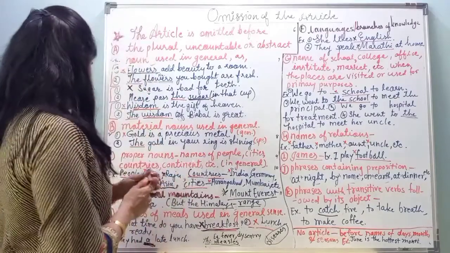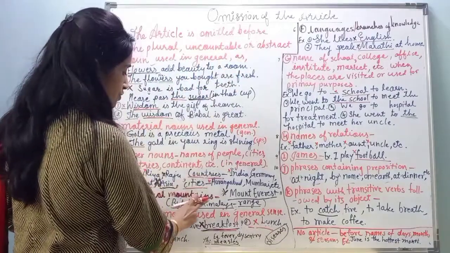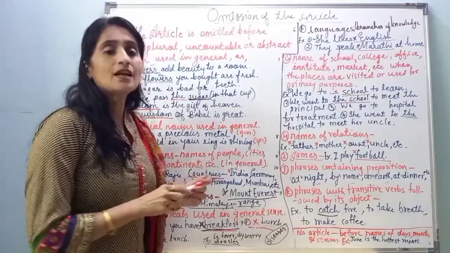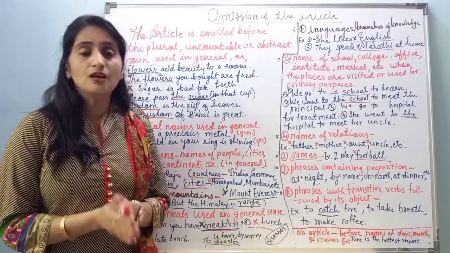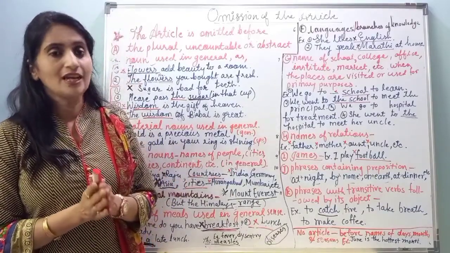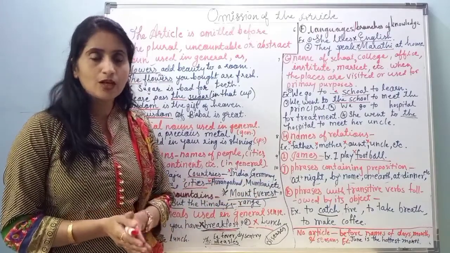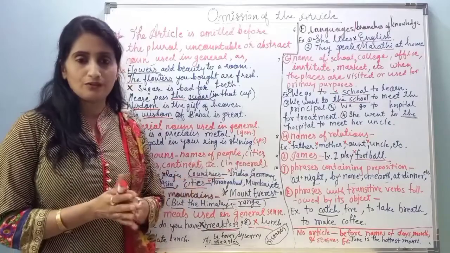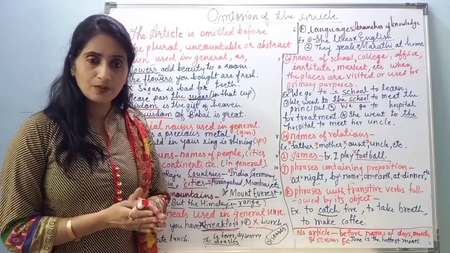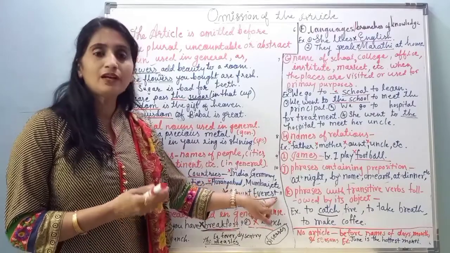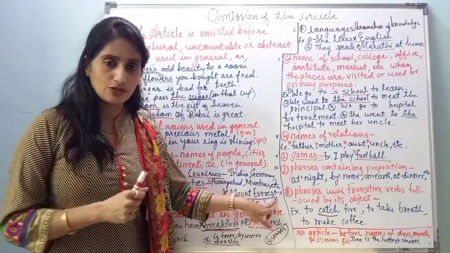Okay. The fourth rule is the article is omitted before individual mountains. Means whenever we talk about an individual mountain, we should not make use of any article. For example, Mount Everest. Don't say the Mount Everest. We should just say Mount Everest. Okay, because here we are talking about an individual mountain, only one mountain.